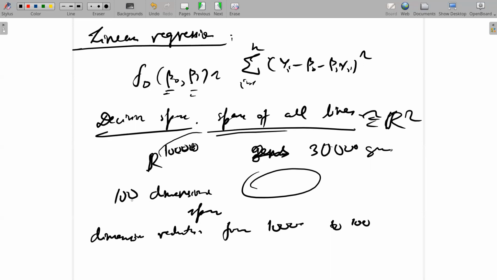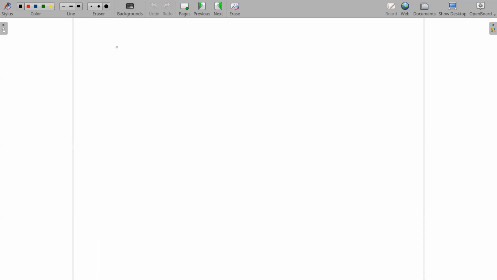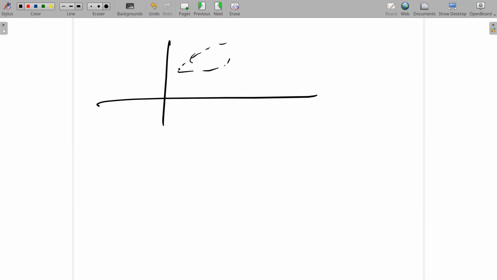Perhaps it is the best fit, or maybe it has the least variability. For example, if in 2 dimensions I have a data set which looks like this, then I clearly know that this variability is very low. So this could be just because of noise. So in fact, my data should look like this. And in higher dimensions, something similar could happen.